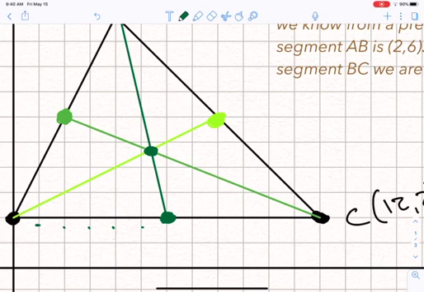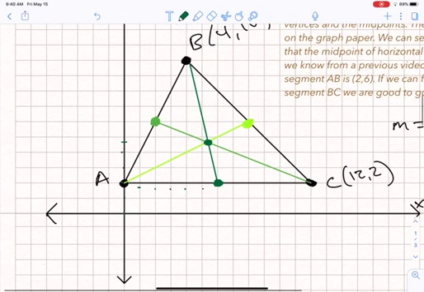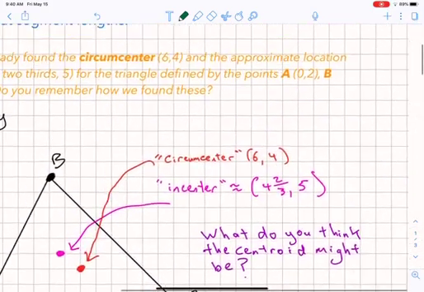That's okay. 1, 2, 3, 4, 5. So we'll check. 1, 2, 3, 4. That's 4 actually, and maybe 2/3 right there. So I'm going to say our centroid is at, like I said, 5 1/3 and 4 2/3.